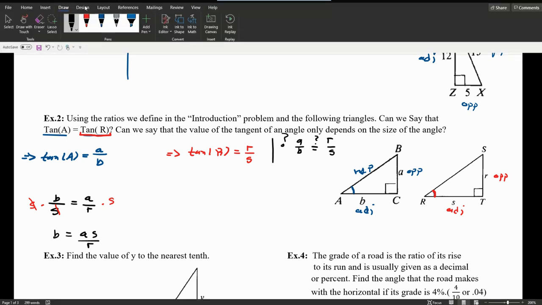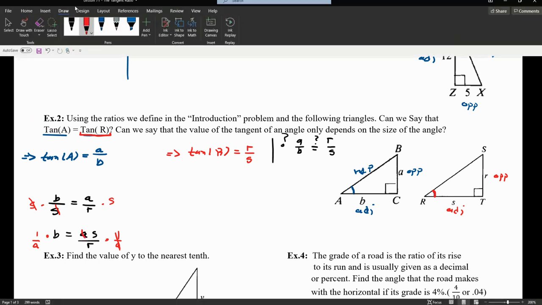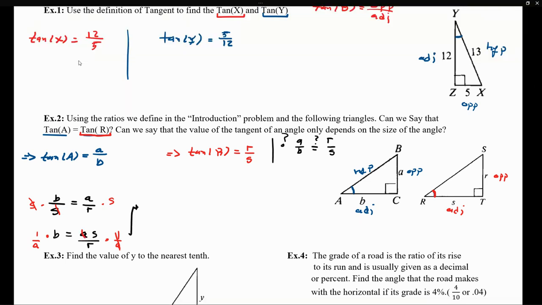Once we have this, if we divide by a, this cancels out with this a, and now we have b over a is equivalent to s over r.